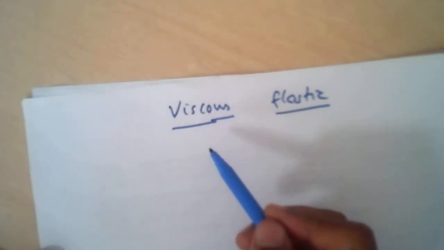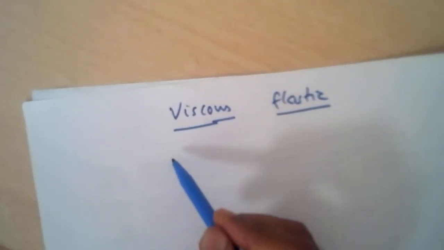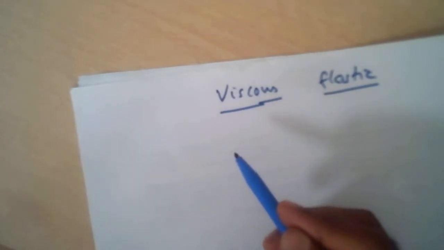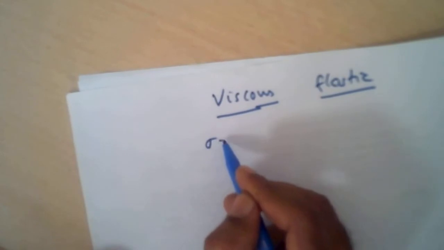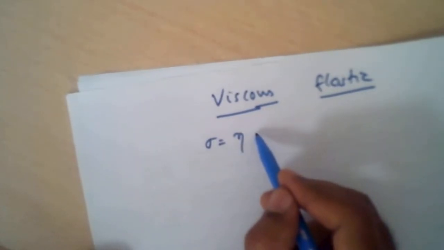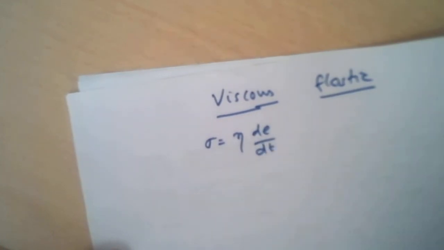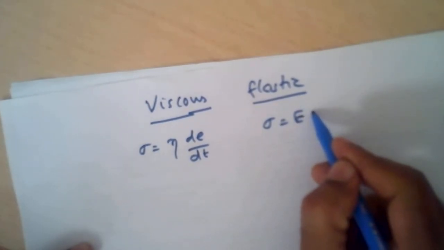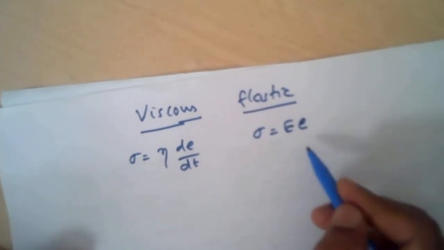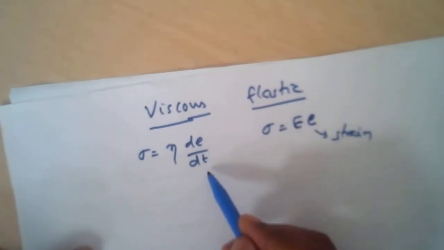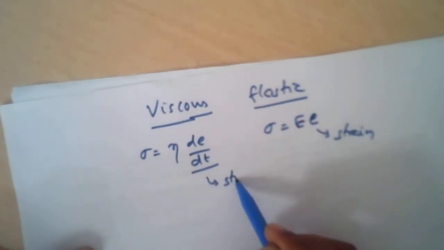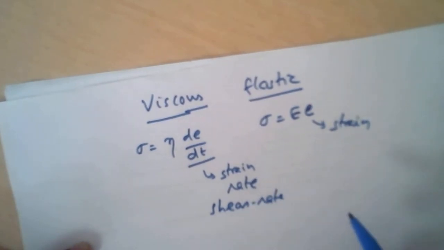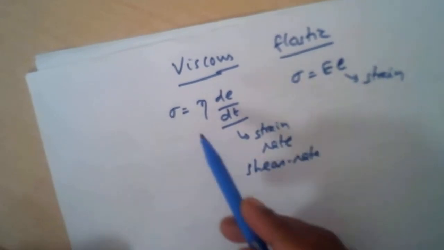Viscous material follows Newton's law of viscosity, that is, stress is directly proportional to the strain rate, which is given by sigma equal to eta dE upon dt, whereas elastic is represented by simply E. Generally we take strain here, and this one is strain rate, or more precisely shear rate, because it's a viscous material.